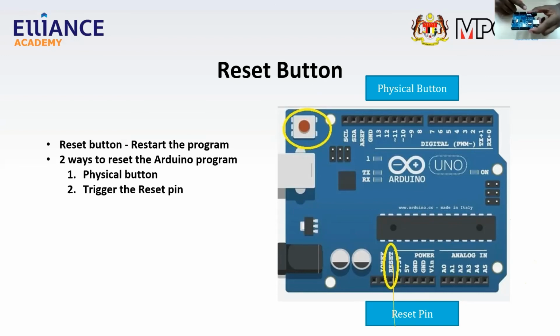Similar to the VIN pin I mentioned, there will be a reset pin labeled RESET. If you trigger this pin, it will reset the program in the board. So resetting is actually restarting the program from the top. We can either click on this button or trigger this reset pin here. Either way.